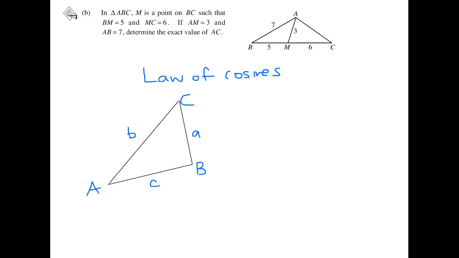The law of cosines states that C squared, this here, is equal to A squared, this here, plus B squared, right there.